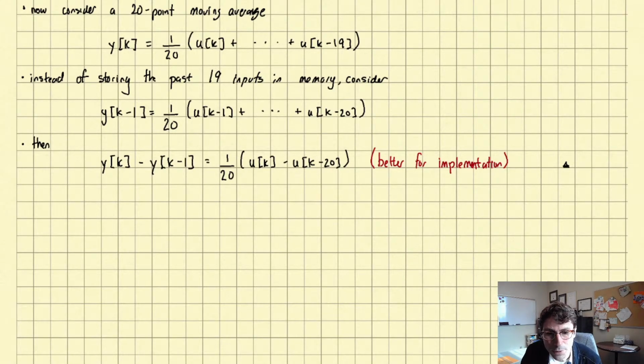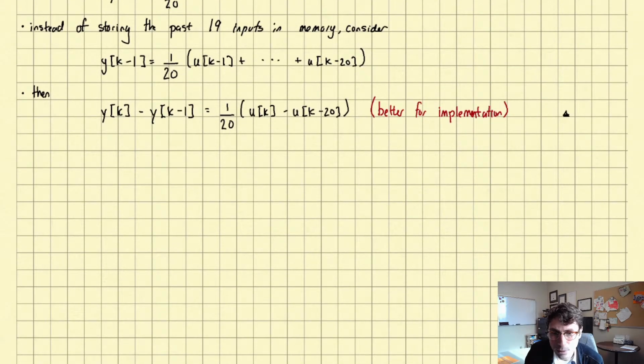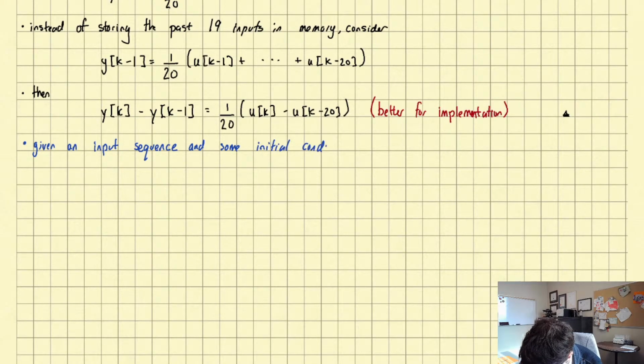Okay, so difference equations, a common model of a discrete time system. Now the question, of course, arises: if I have a difference equation, how do I compute the output? If I give you an input sequence and maybe some initial conditions, how do I actually compute the output?